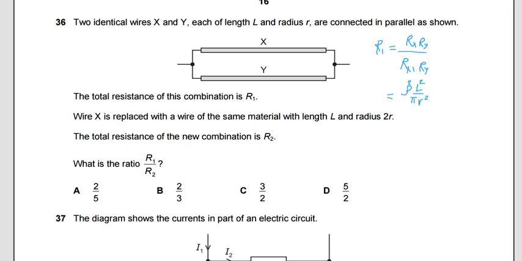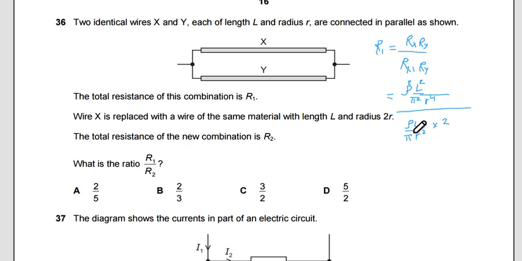Can remove this and write pi squared R to power 4 over the addition, rho L over pi R squared, times 2.